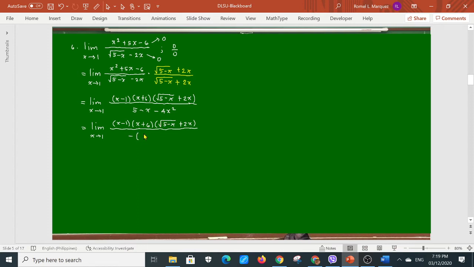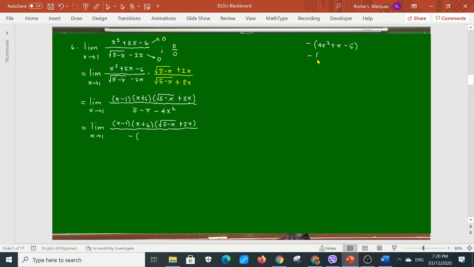Let us have a scratch here: 4x squared minus, it becomes plus x, minus 5, after factoring out the negative.